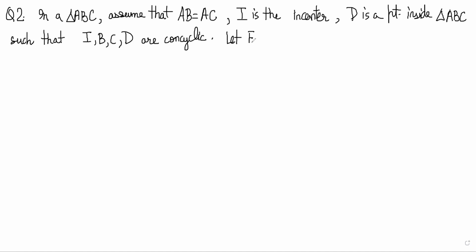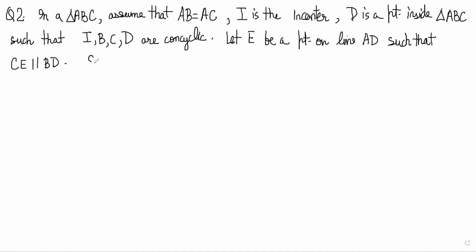Let E be a point on line AD such that CE is parallel to BD. We have to show that CD square is equal to BD into CE. We have to prove this result. CD square is equal to BD into CE.